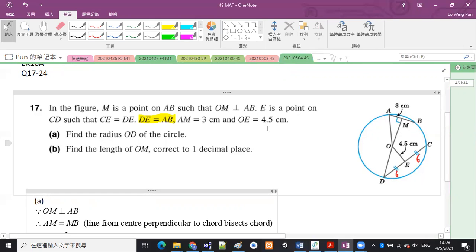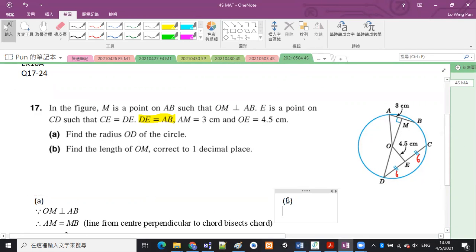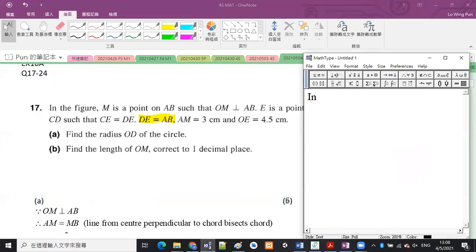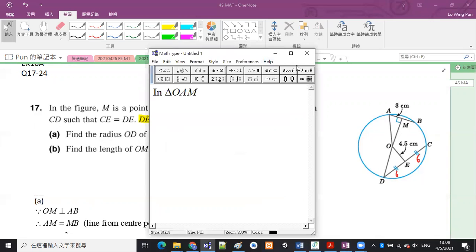So in part B, we will do it in triangle OAM. OA square is equal to AM square plus MO square, right?